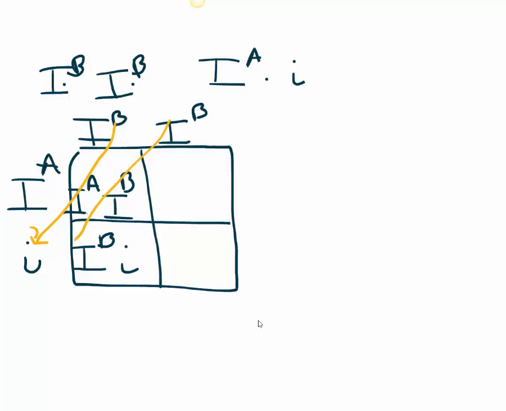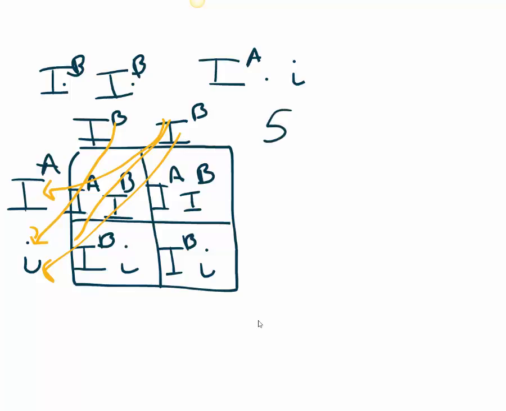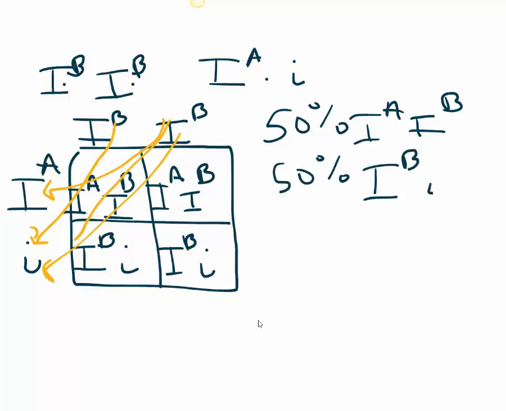This combination here would be IA, IB, and lastly, this combination here would be IB, little i. So the question is, what are the genotypes? We're going to have 50% are going to be IAIB, and 50% are going to be IB, little i.